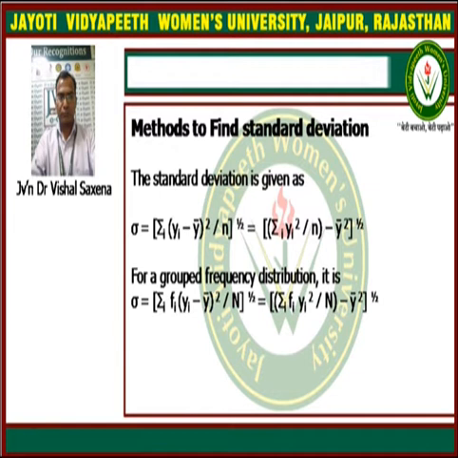So it can also be defined as the positive square root of the arithmetic mean of the squares of the deviations of the data, where the deviations are taken from the mean value.